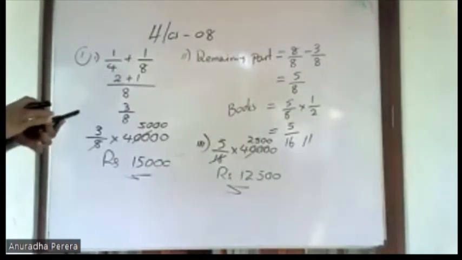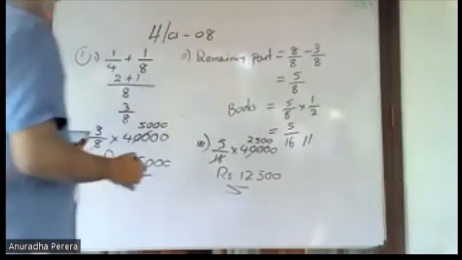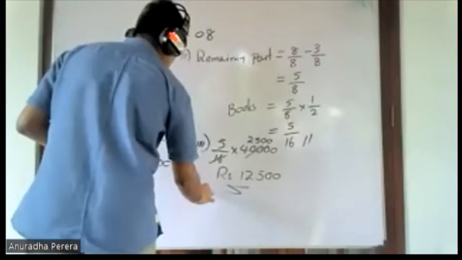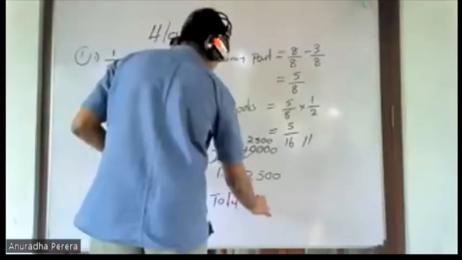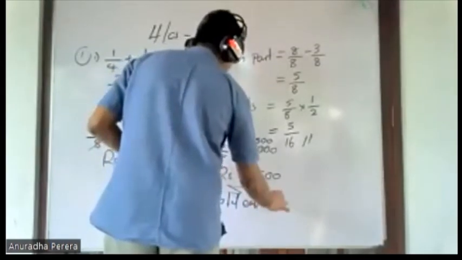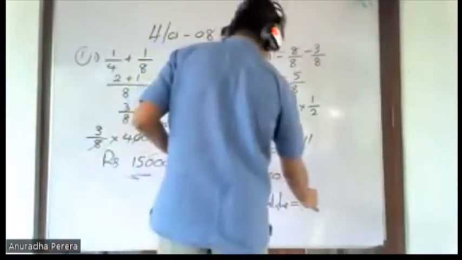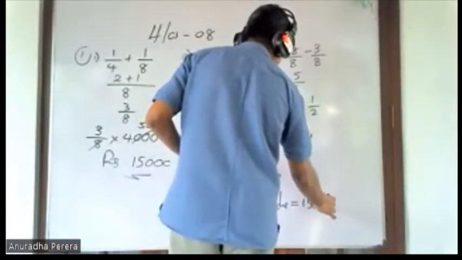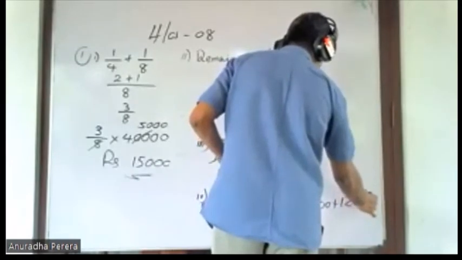Last question. What fraction of salary is left over after these expenses are met? Then we know the total expenditure. $15,000 for both the food and other expenses. On books, 12,500.